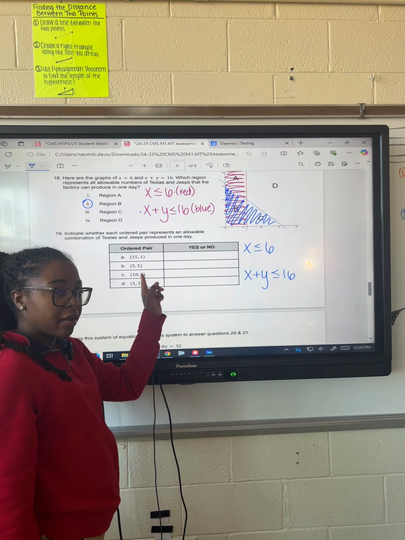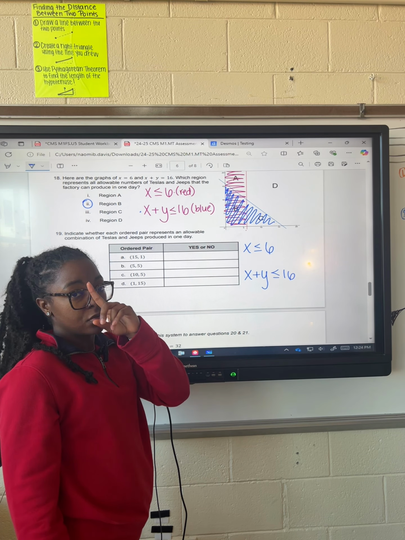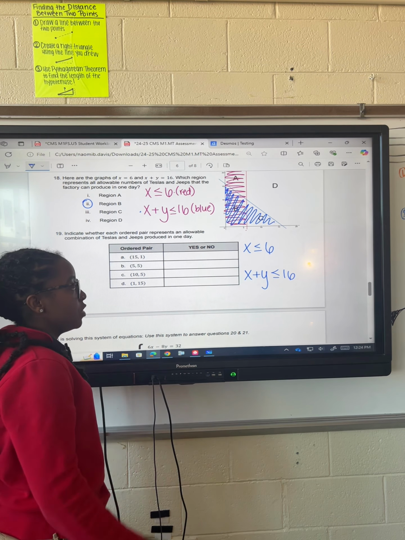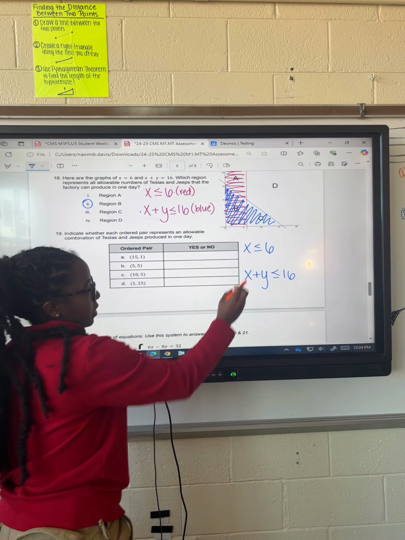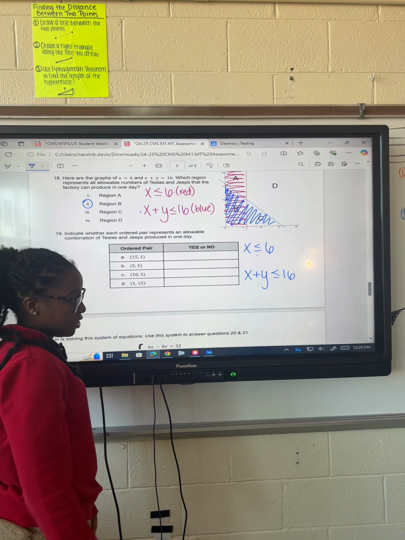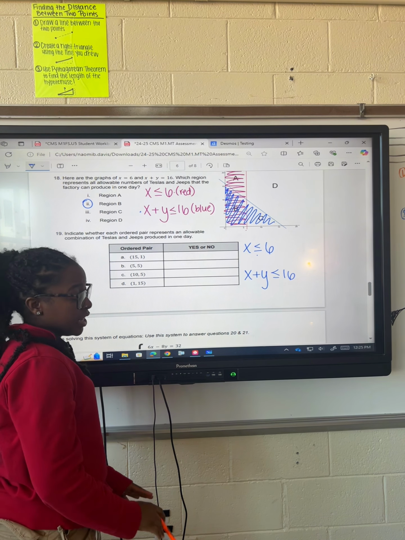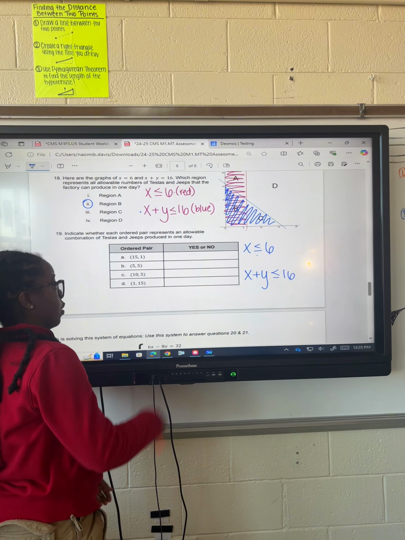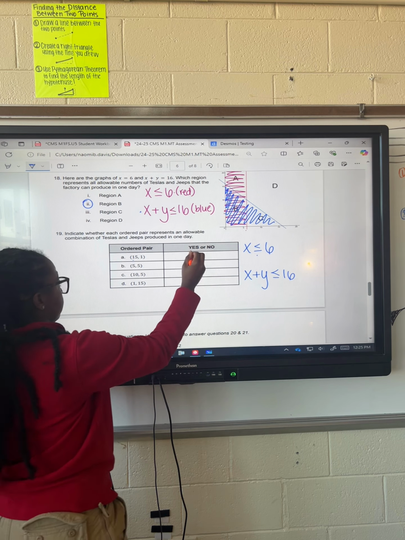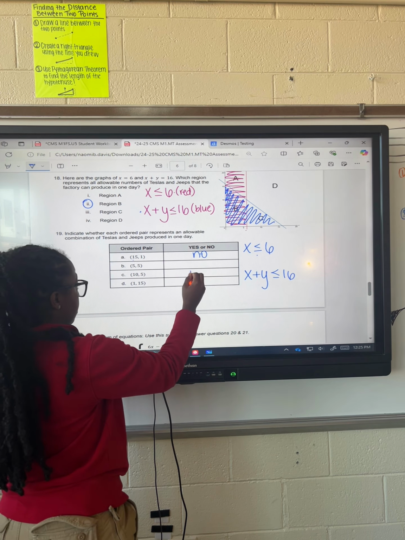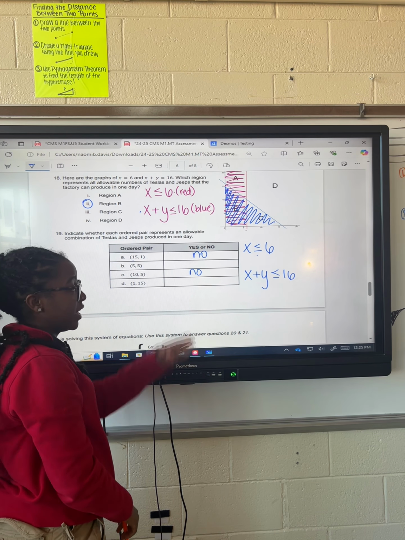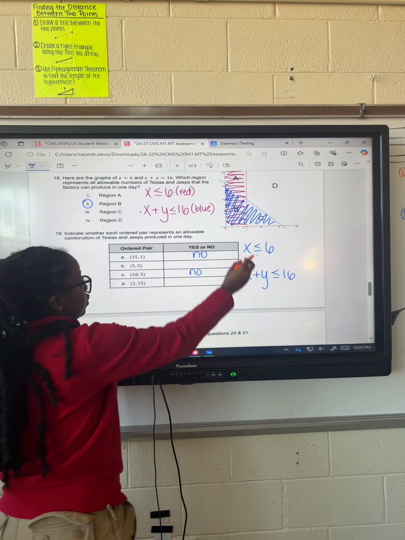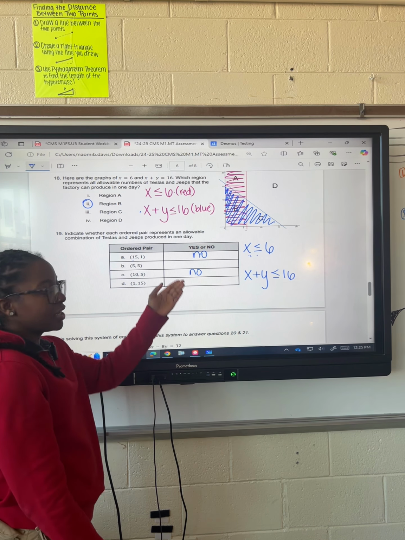Whatever we pick right here has to follow both of these rules, not just one of them, okay? So let's do the easiest one first. My X value has to be less than or equal to 6. Any one of them where the X value is not less than or equal to 6, it's a no. So 15, no. 10, no. That's it. So that leaves us with these two. Do this first. Now we only got two options.